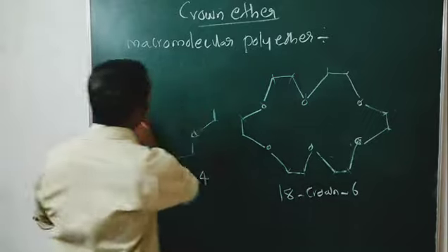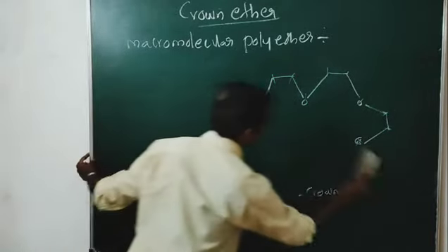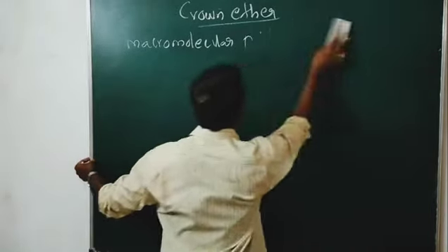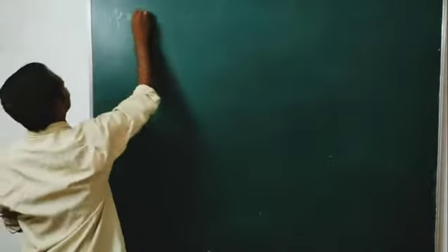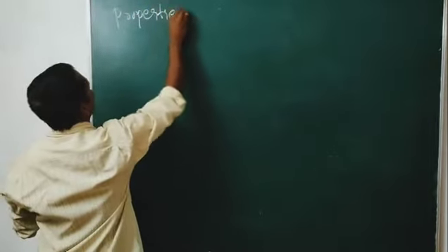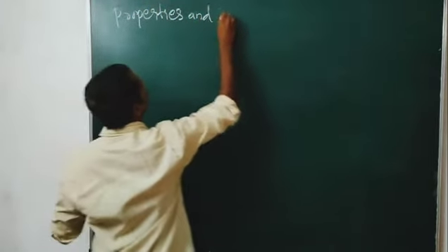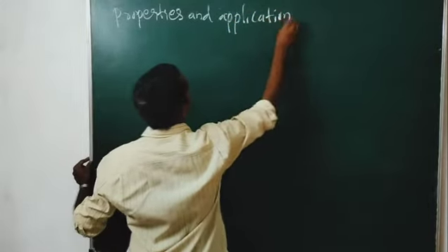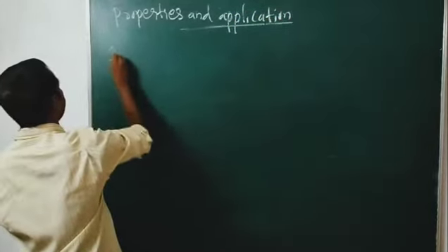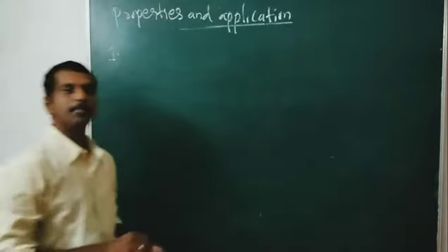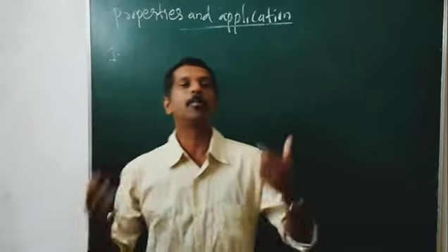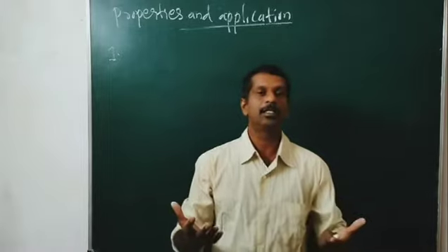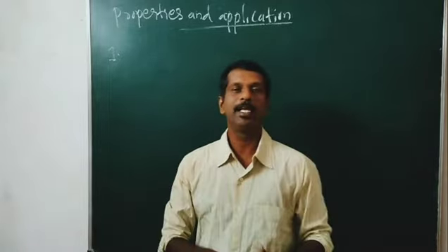Now next is applications of crown ethers, that is important. Properties and applications of crown ether. First one, these crown ethers can make complexes with positive metal ions, known as inclusion compounds.